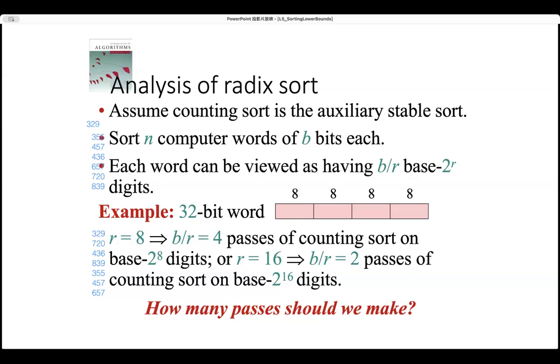That's the primary issue. But in radix sort, because each time you deal with one digit, and that particular digit is bounded by a small number, it gives you a good bound for K. That is why we tend to use counting sort as the auxiliary stable sort algorithm for radix sort.